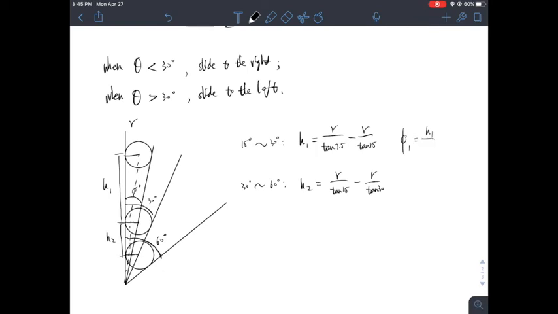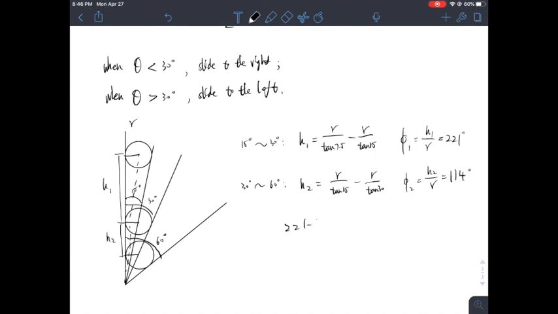We have phi 1 equal to h1 divided by r. And trust me, I did some calculator work. Finally, transforming into degrees, we got 221. And for phi 2, we have h2 divided by r, which is equal to 114 degrees.